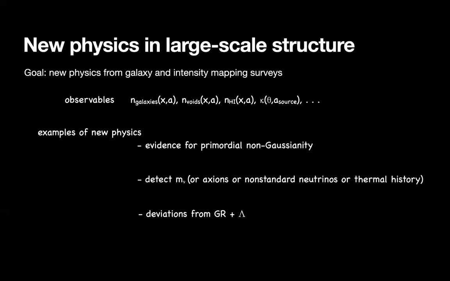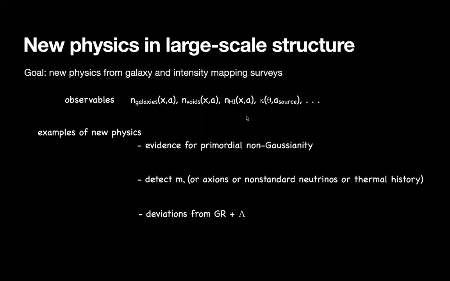And our observables are things like the number of objects at different spatial positions and at different epochs in cosmological history. And examples of the new physics that we hope to detect is evidence for primordial non-Gaussianity, which could tell us, for instance, that the structure in our universe was generated by some other light field that's not the inflaton.